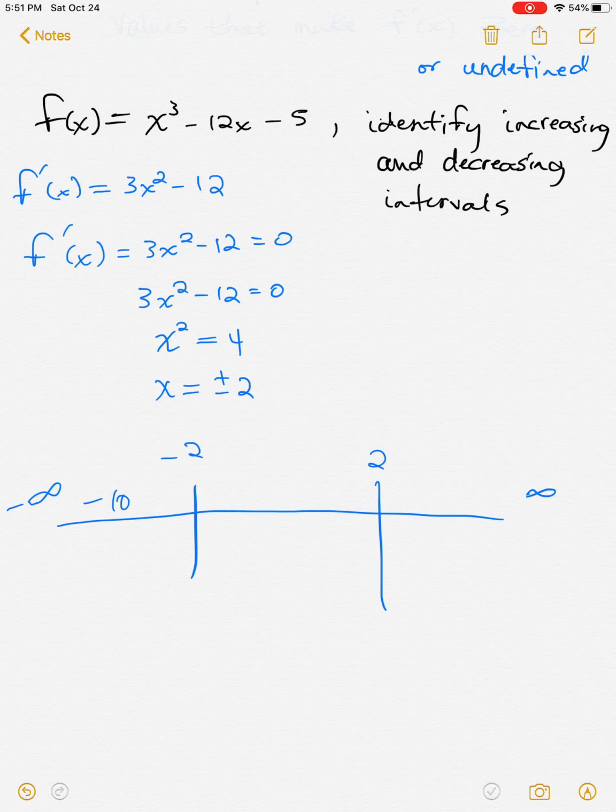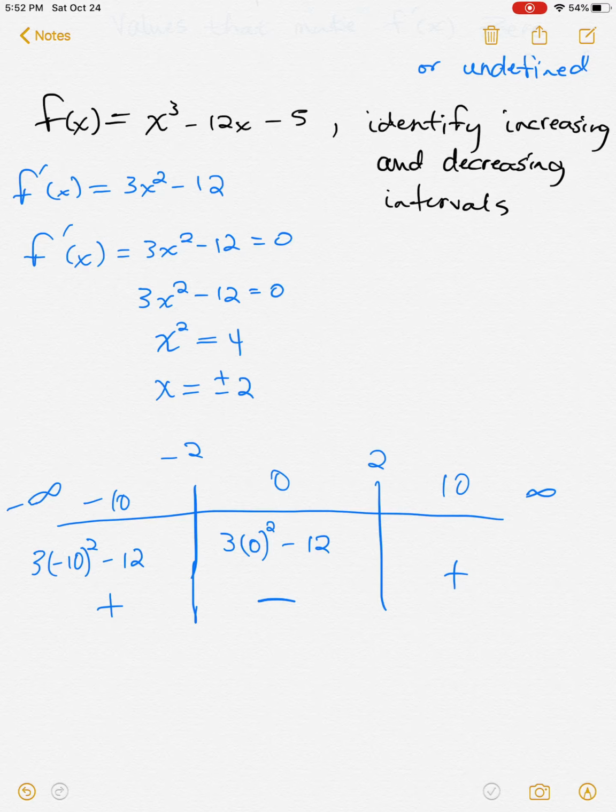And I put it into the first derivative. I don't care what the value is. The only thing I'm focused on is whether it's going to be positive or negative. I see that this is going to be positive. Choose a number between negative 2 and 2, plug it into the first derivative. I just want the sign, which is negative. And then I do the same thing over here and I have positive.